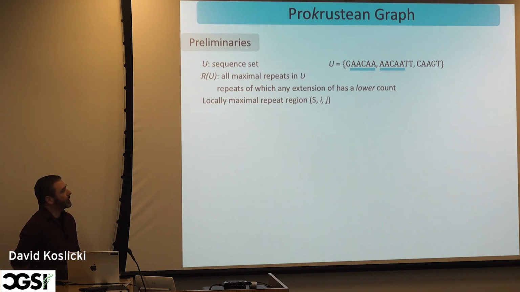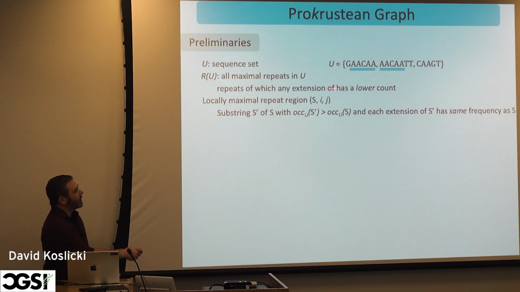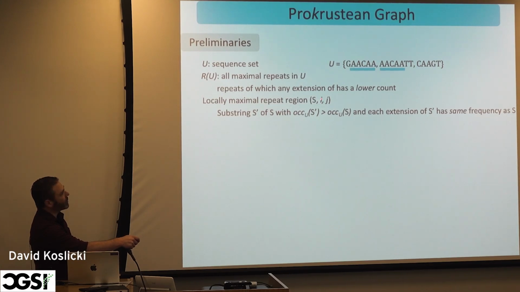Second important definition, locally maximal repeat regions, which is a mouthful. It's talking about a region of one of these strings right here, that has a corresponding substring S prime. So a locally maximal repeat region is a substring of some parent string whose count is higher, and any extension makes it have the same frequency as the parent string.